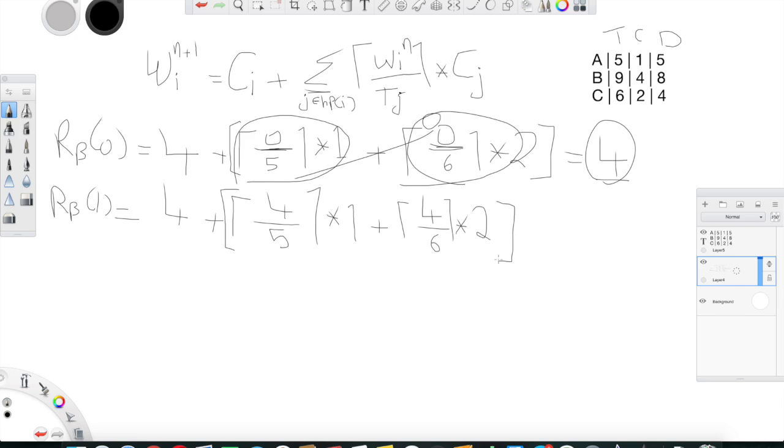If you want to actually know the values, 4 divided by 5 will be 0 point something, and 0 point something ceiled will be 1. 1 times 1 will result in what? In a 1. Here 4 divided by 6 will also be 0 point something. It will be ceiled to 1. 1 multiplied by 2 will be what?